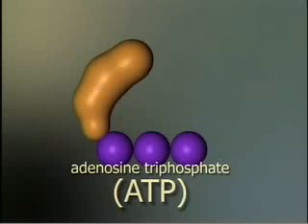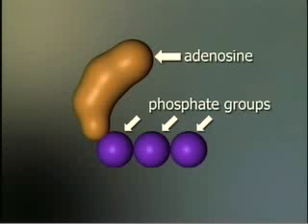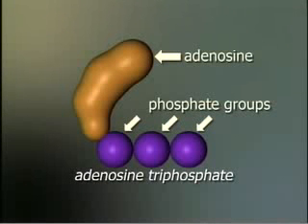ATP has this arrangement, a molecular unit of adenosine coupled to a chain of 3 phosphate groups, thus the name, adenosine triphosphate. The phosphate groups are held to each other by very high energy chemical bonds.